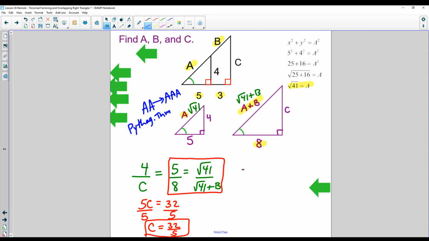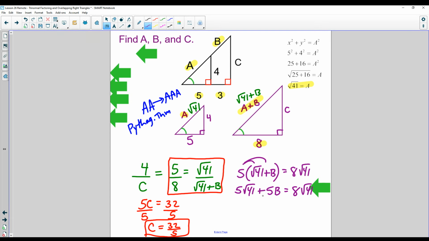So here we go, 5 times root 41 plus B, put that in parentheses. So that's a group, equals 8 times root 41. All right, let's distribute: 5 root 41 plus 5B equals 8 root 41.